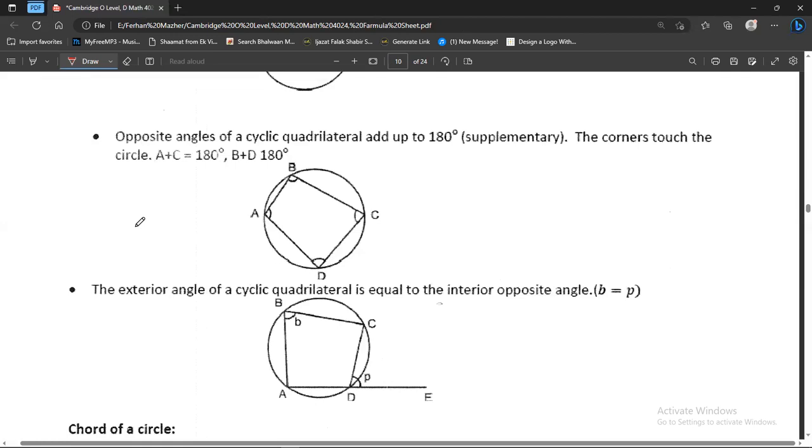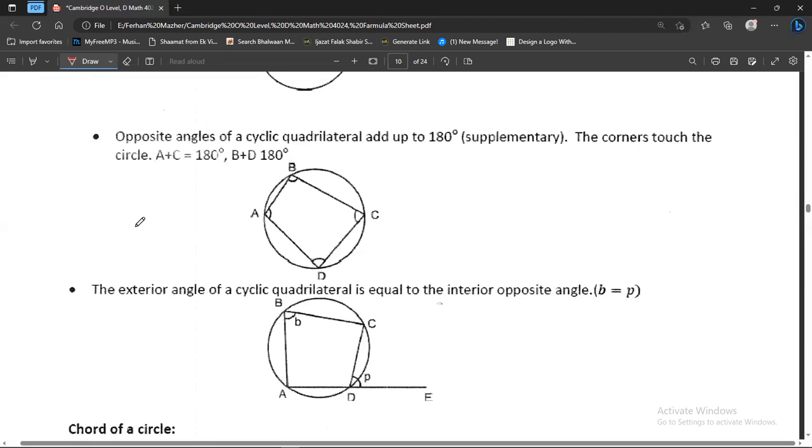This is called the angles in the opposite segment are supplementary. Opposite angles of a cyclic quadrilateral add up to 180, or they are supplementary. The corners touch the circle. A plus C is equal to 180 degrees and B plus D equals 180 degrees.